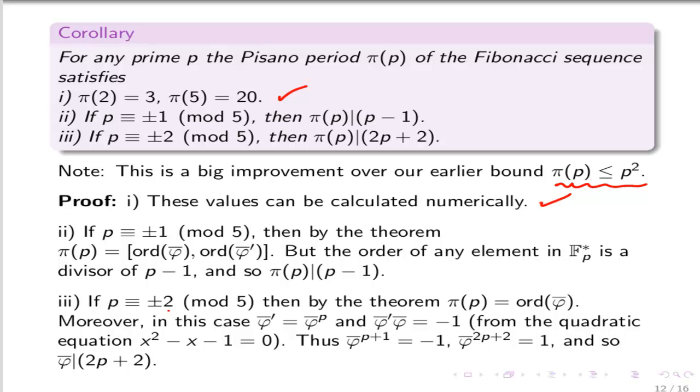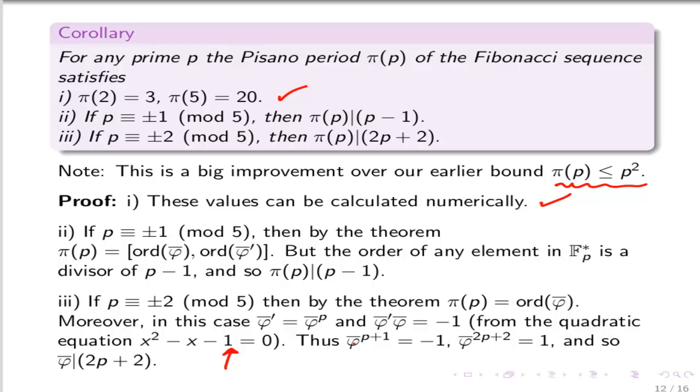If p is congruent to plus or minus 2, then the Pisano period is just the order of phi bar. And we saw in this case that the conjugate is just phi bar to the pth power. We also have that the product of phi and its conjugate is negative 1. That's the constant term in the quadratic.